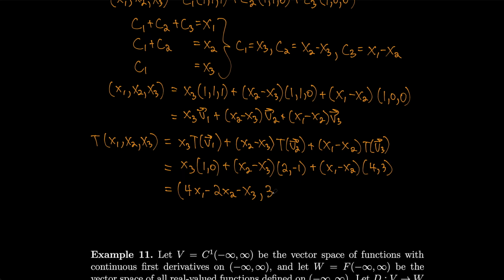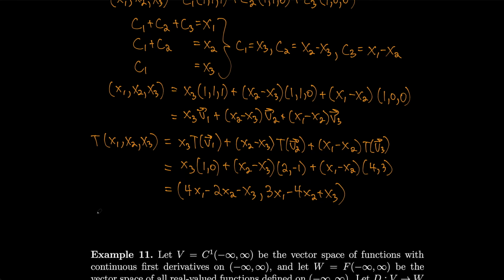I still need 3x1 minus 4x2 plus x3 for the second component by multiplying those out, right? I get 0x3 from that, but I get minus 1 times minus x3 is plus x3, so there's my plus x3, and I end up with 3x1 and minus 3x2, and remember we had a minus x2 from over there, so I have minus 4x2.